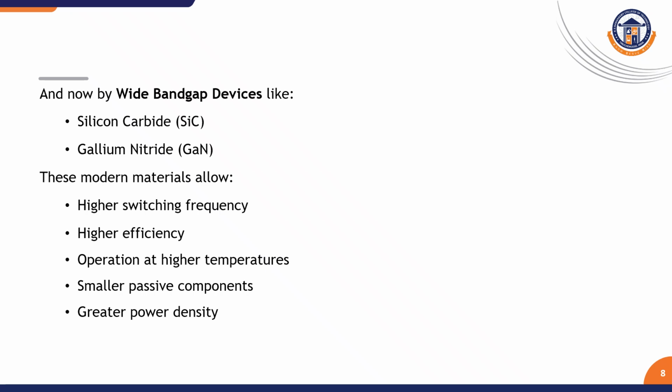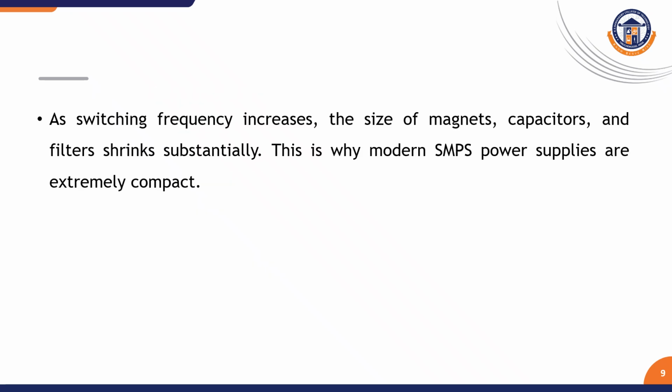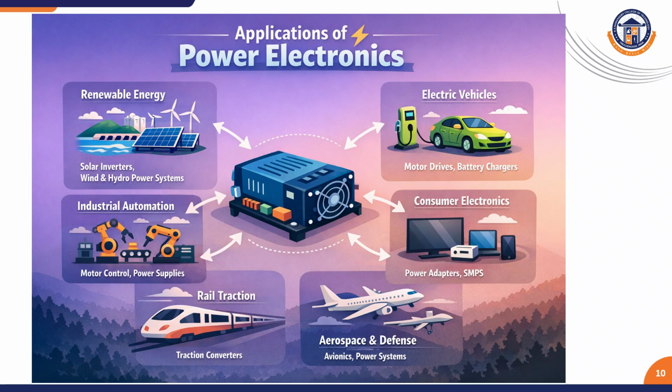For example, in industrial areas the temperature will be higher, and in battery operated vehicles the operating temperature will also be higher. Next, only smaller passive components are needed, and the overall circuit is compact for higher power densities. One thing to remember: when switching frequency increases, the size of magnetics and capacitor filters shrinks substantially. This is why SMPS, switch mode power supplies, are extremely compact right now.